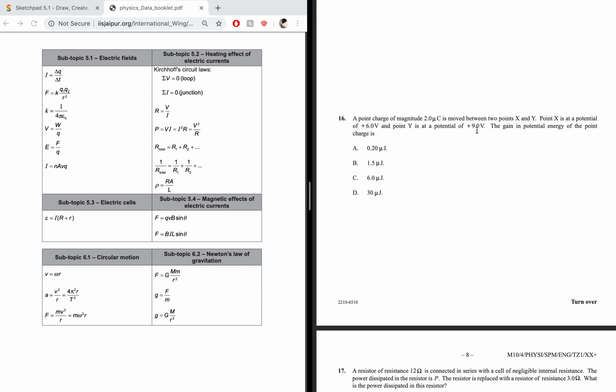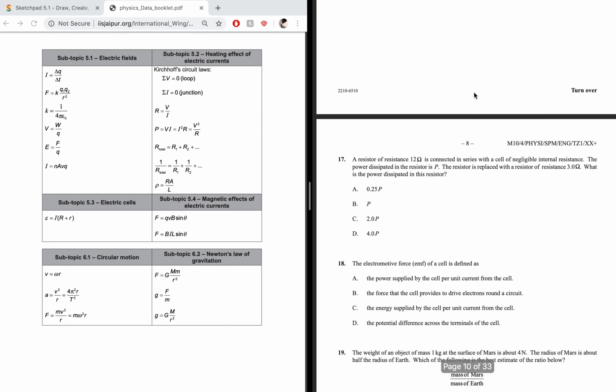We'll call this V2 and this V1, so V2 minus V1 equals V. So 9 minus 6 is 3. So this is 3 volts, and this is 2 microcoulombs, we can multiply, and that would be 6 microjoules. So that's our answer. Hopefully my explanation was okay.